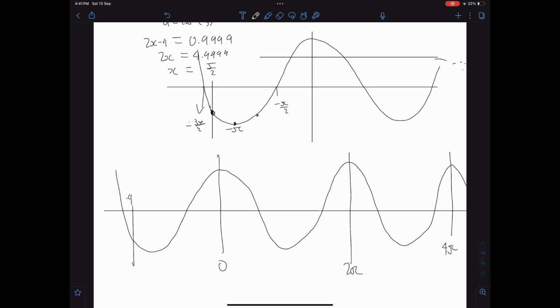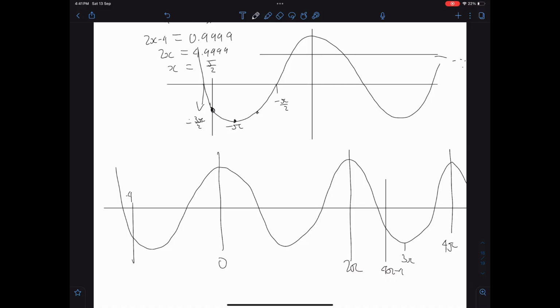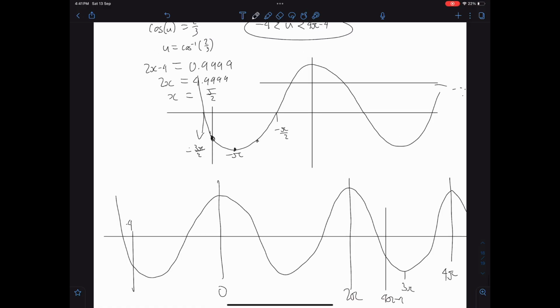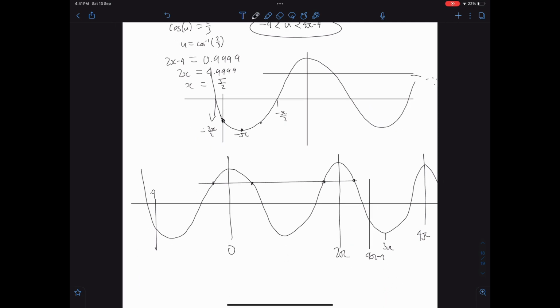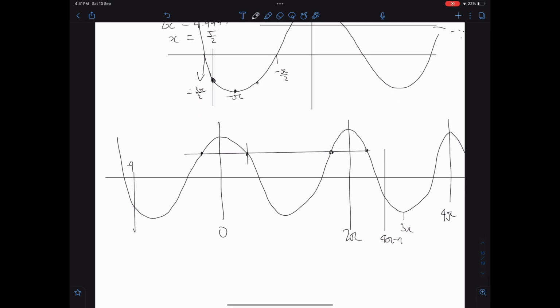And then 4 pi minus 4 is just a bit more than pi, so that's 3 pi, so that's 4 pi minus 4. And we're trying to find all the ones where it equals 2/3, right? So we'll cut it at 4 points. This one will be about 5/2.